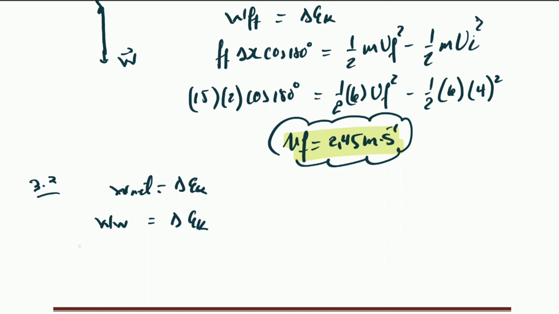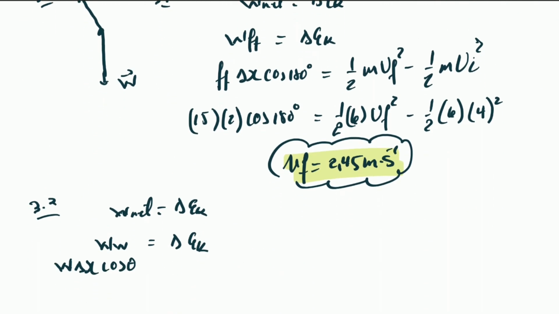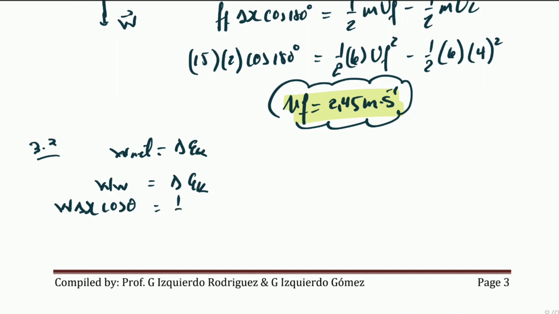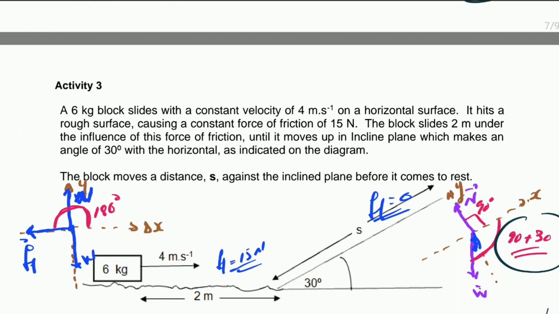And if we substitute the formula, here we have weight multiplied by displacement multiplied by cosine of theta, which is, remember, this number there, and this one is going to be equal to half mass final speed squared minus half mass initial speed squared. The final speed is 0. Why is the final speed 0 and therefore all that is 0? Because they are telling you in the question here that it stops at that point, it rests at that point.